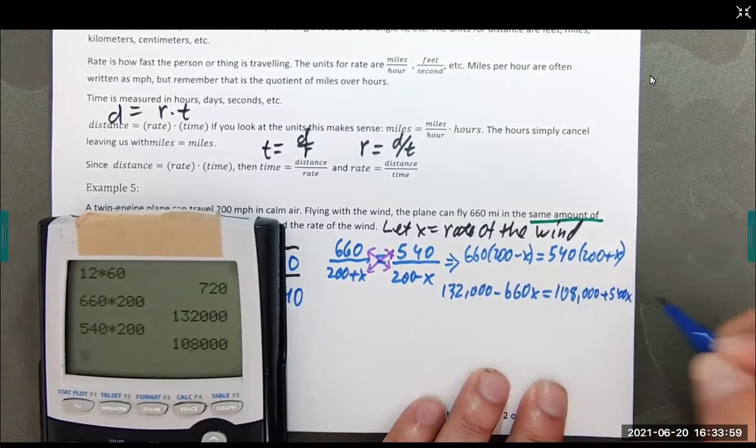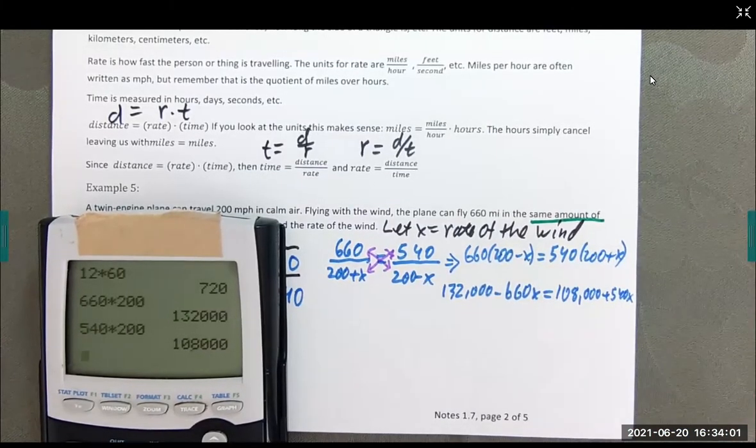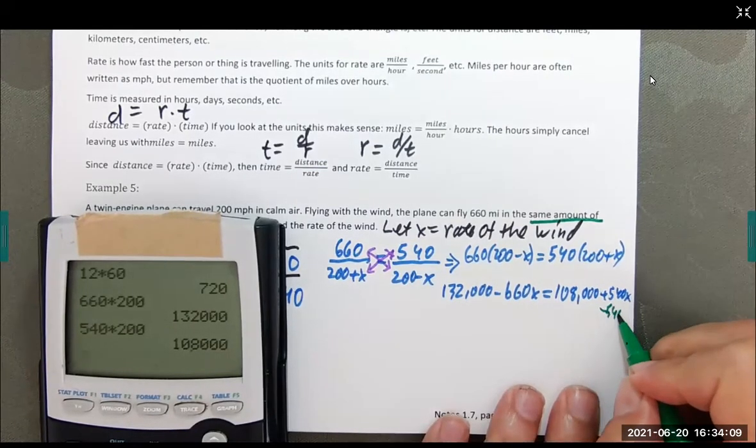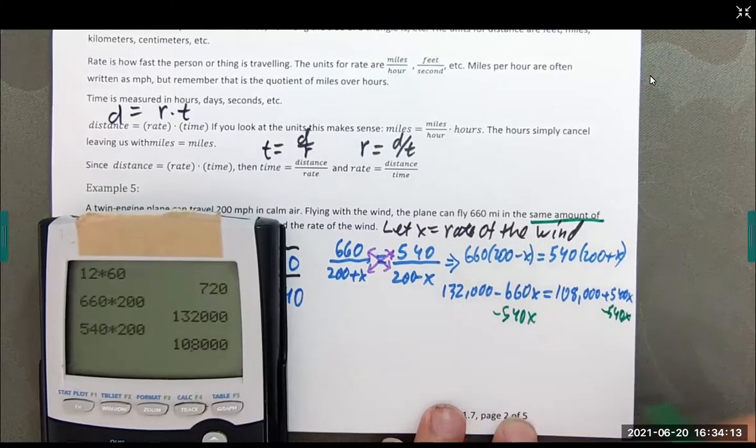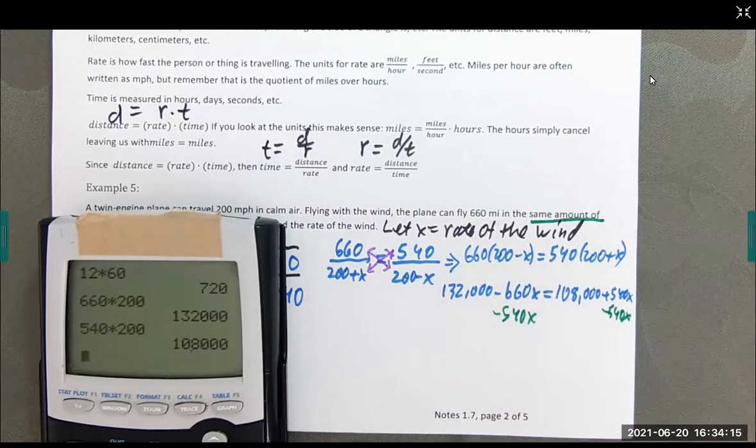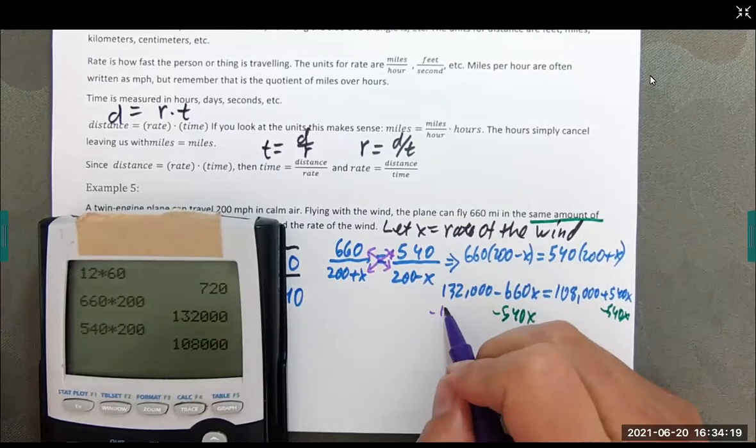Ooh. Now I'm going to subtract 540x from both sides. You could move the 660 to the right, it doesn't matter. And I'm also going to subtract 132,000.